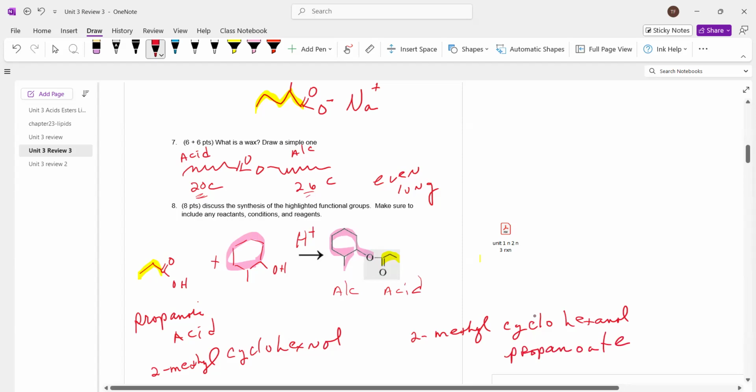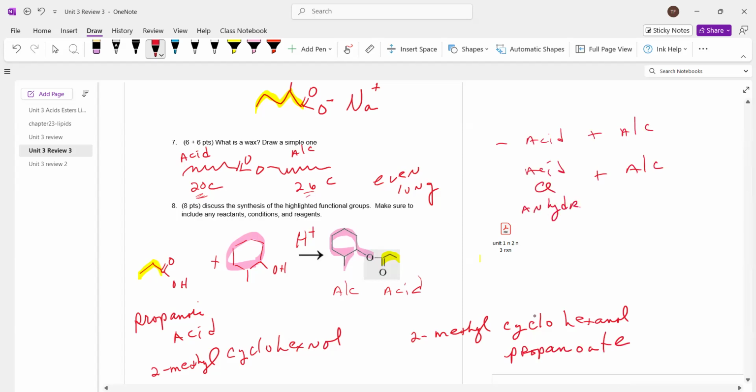And remember, there are 3 ways to make an ester. The acid plus alcohol, the acid chloride plus the alcohol, then the anhydride plus the alcohol. 3 ways.